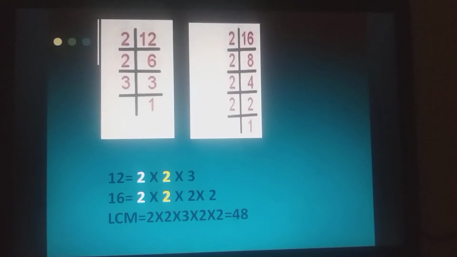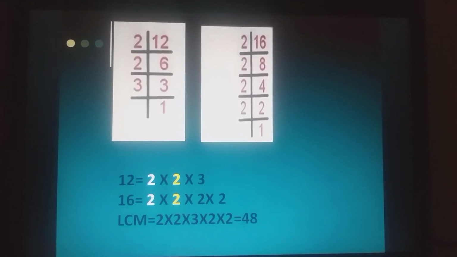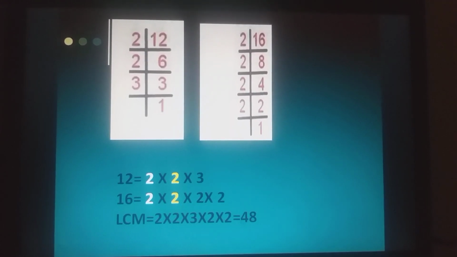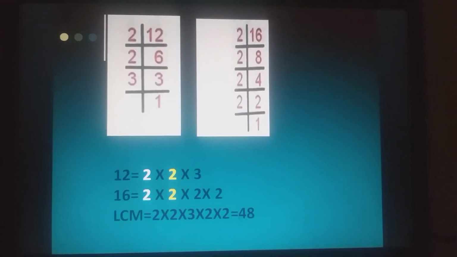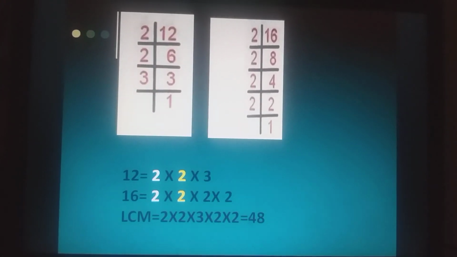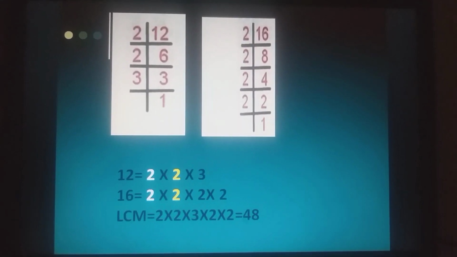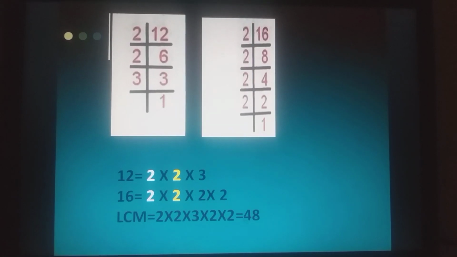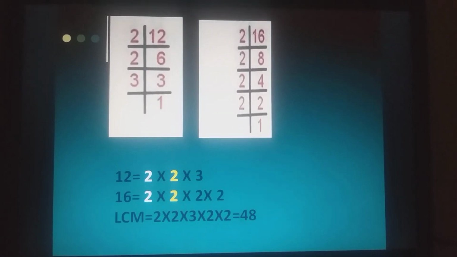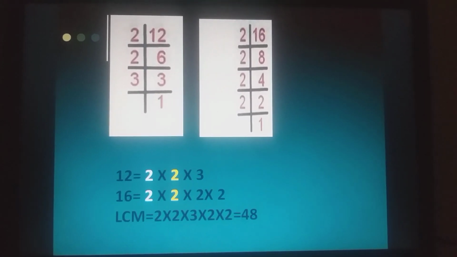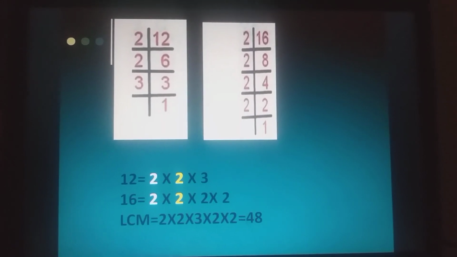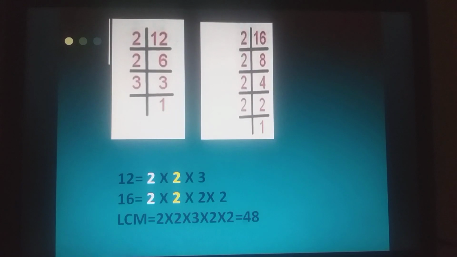Now here we are calculating LCM. When we calculate LCM, we write down the numbers which are common, and we also write down the numbers which are not common. Therefore, LCM is equal to product of numbers which are paired and the numbers which are not paired. LCM over here is equal to 2 into 2 into 3 into 2 into 2.